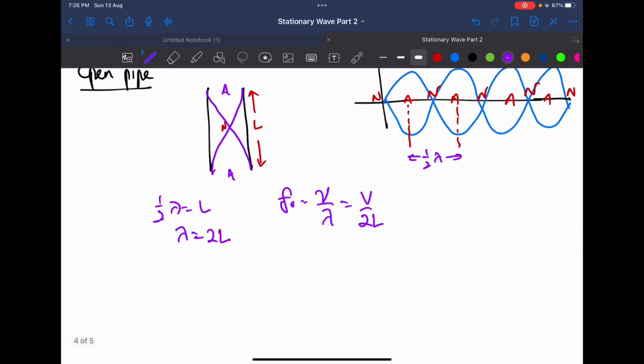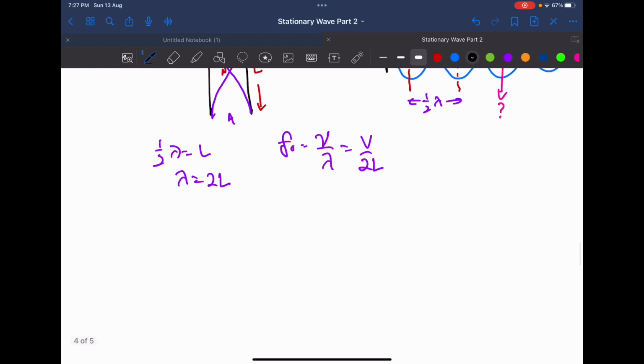So how about here? What is the sound going to be produced here? Let's draw the diagram.